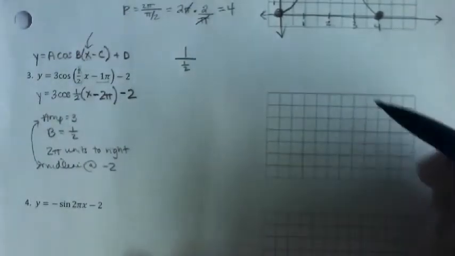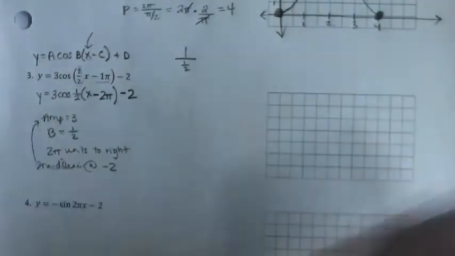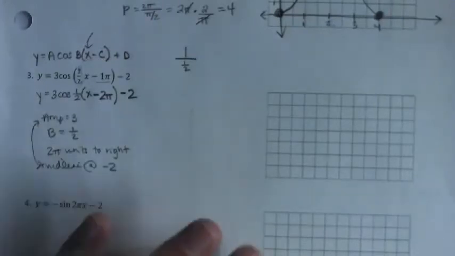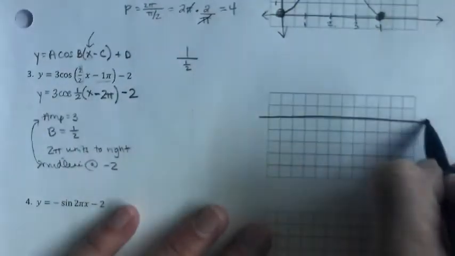So let's think about scaling our y-axis. If our midline is at -2 and our amplitude is 3, what's our maximum? 1. And what's our minimum? -5. So we actually need negative space here.